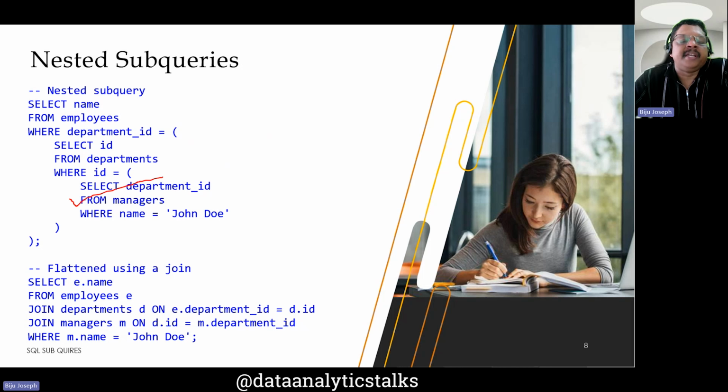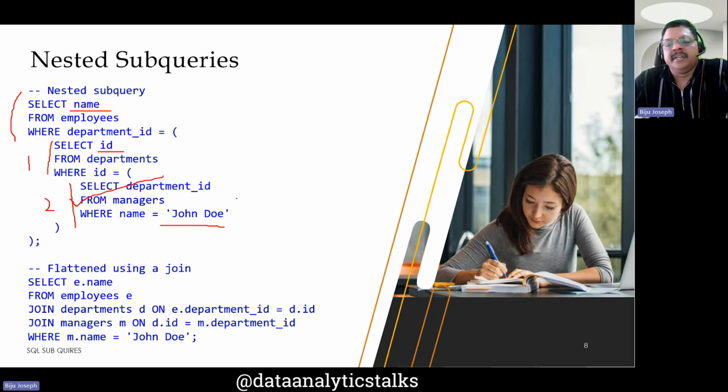First we use the department ID of the particular manager, then get the ID of that department, then get all the employees of that department who belong to John Doe. So we have one outer query and two subqueries.